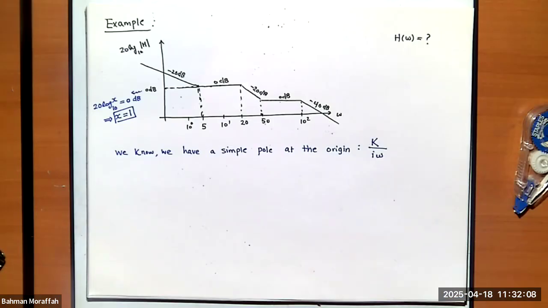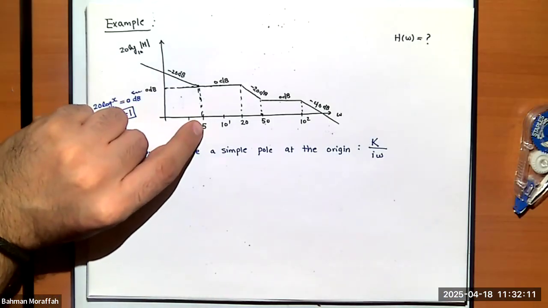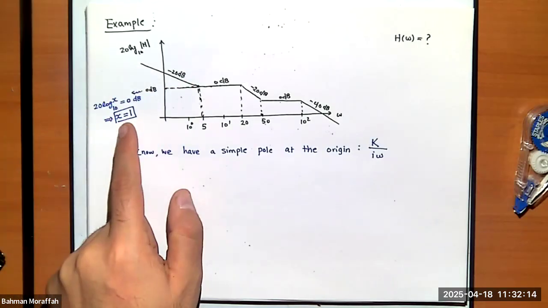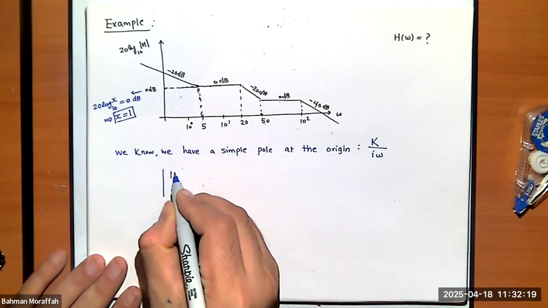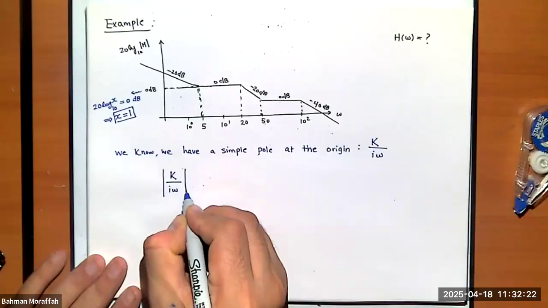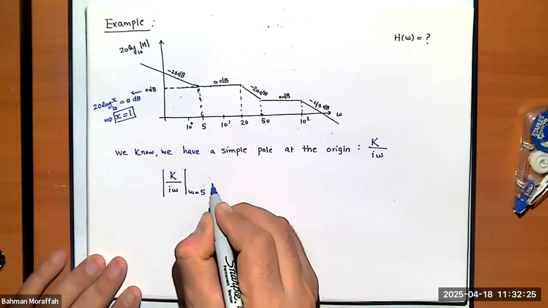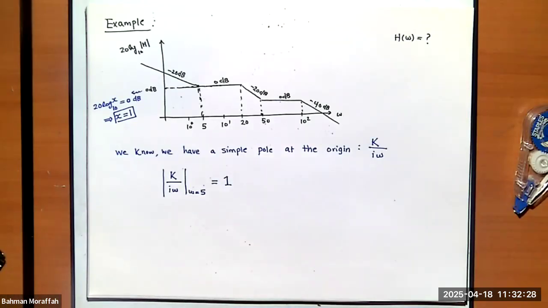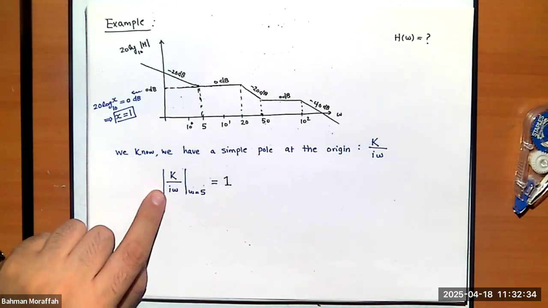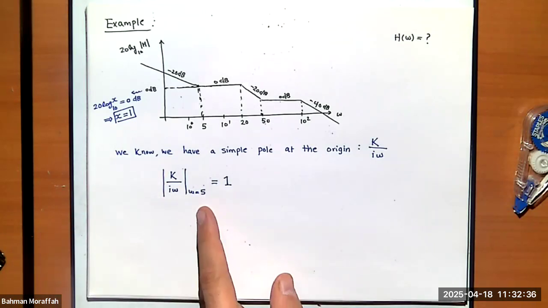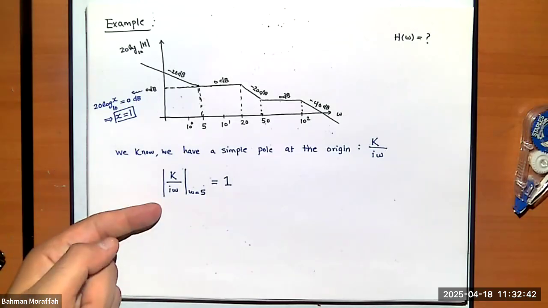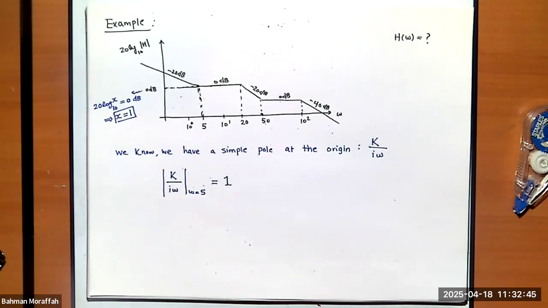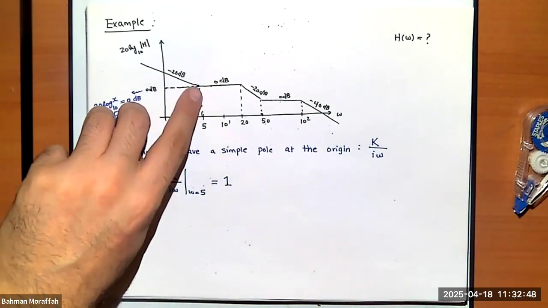Do you agree at this point 5, the value of this function is 1? Basically, if I look at the absolute value of K over omega, that must be 1. Why? Because if I look at 20 times log 10 of the absolute value of K over i omega evaluated at 5, that must be 0 dB. Therefore, K over i omega evaluated at 5, exactly this point over here, must be 1.